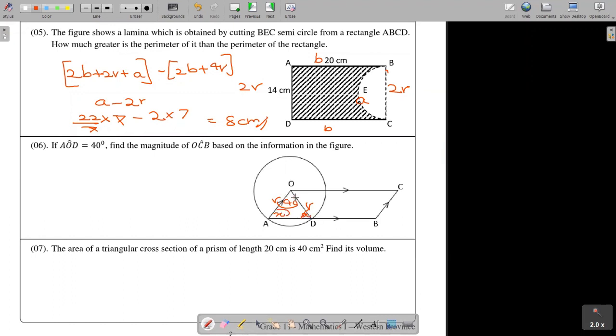So 40 means 2x should be what? 140, because the addition of the interior angles should be 180. Then x is 70. This is also 70, opposite angles of a parallelogram. Then OCB equals 70 degrees.